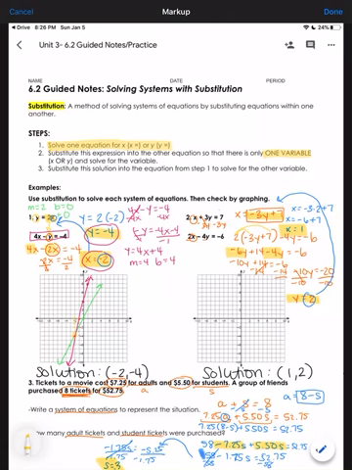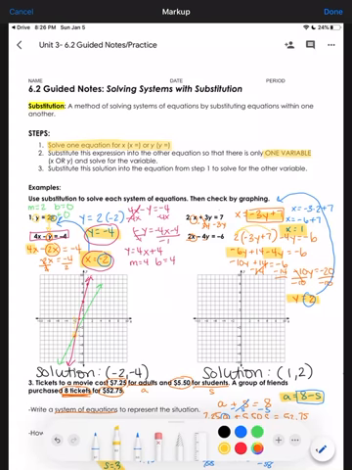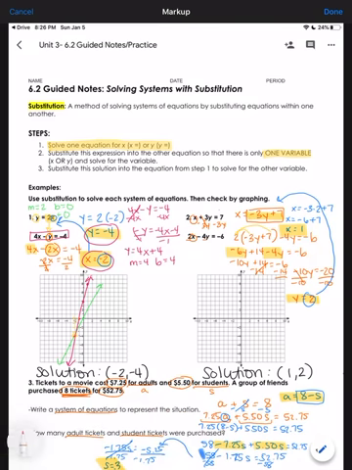Now that I have S, I'm going to go back up here and plug in that value to solve for A. S, remember, is the number of student tickets, so I know that 3 students went. Now I need to figure out how many adults went. I'm using this equation here: A equals 8 minus S, and S is 3, so 8 minus 3.